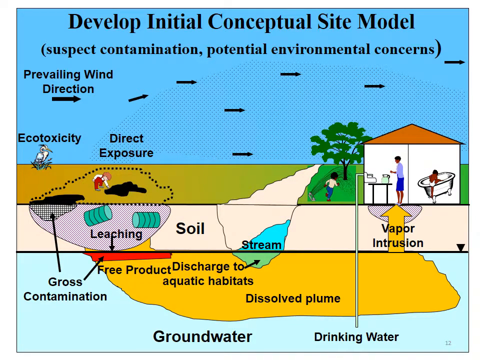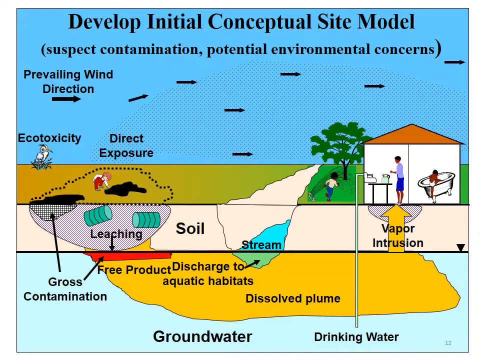Conceptual site models are the first step in the systematic planning process. A conceptual site model helps to identify contaminants of potential concern and their associated environmental hazards.